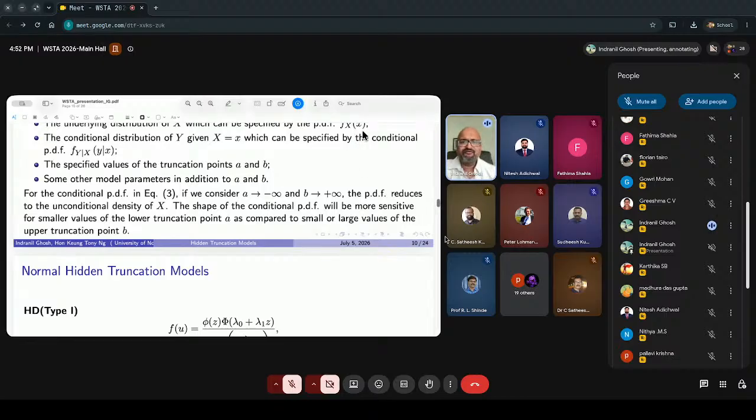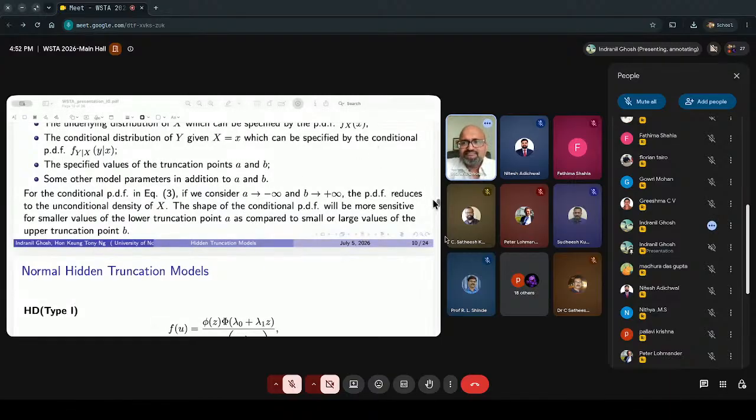Of course, the shape of the conditional PDF is more sensitive, as we have observed, for smaller values of the lower truncation point a as compared to smaller values of the upper truncation point b. We have mentioned this in detail with some pictorial devices for some hidden truncated densities in the paper.